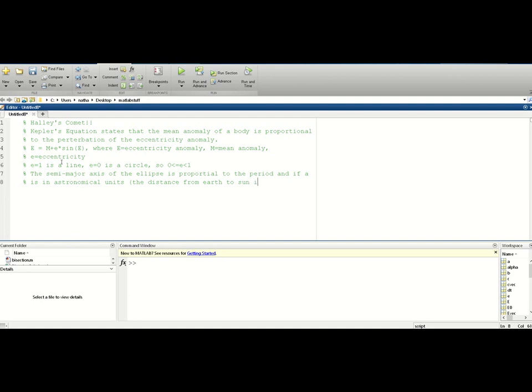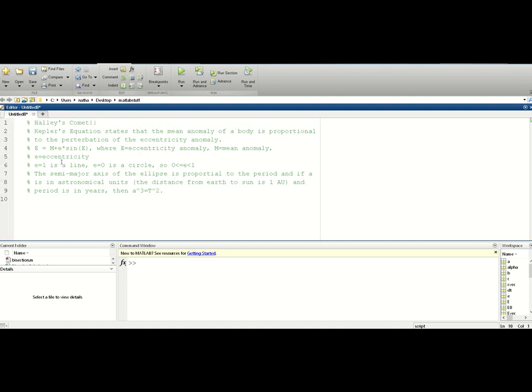That's 1 AU. And period is in years. Then we can actually calculate this as A cubed equals T squared, okay? And we're gonna go use that here.